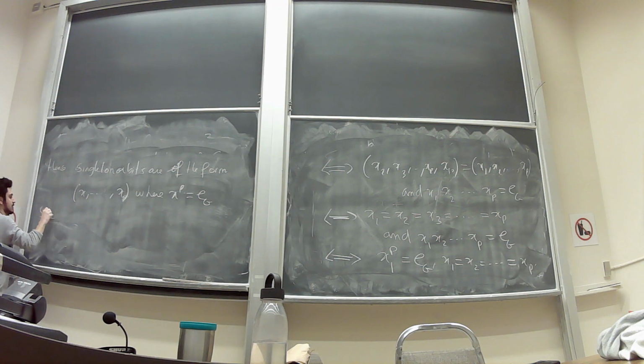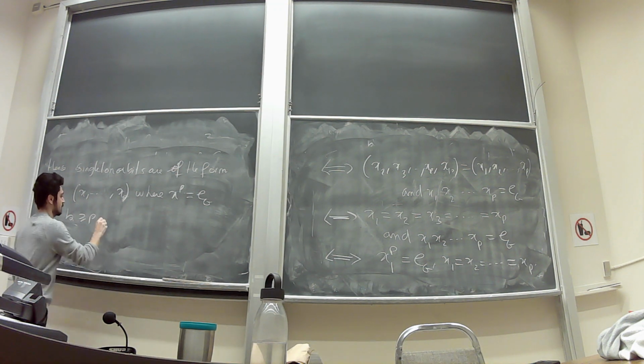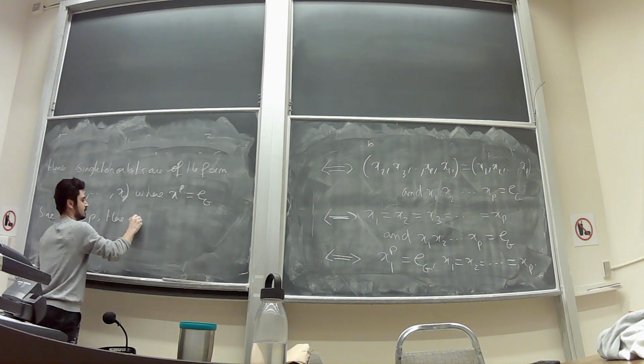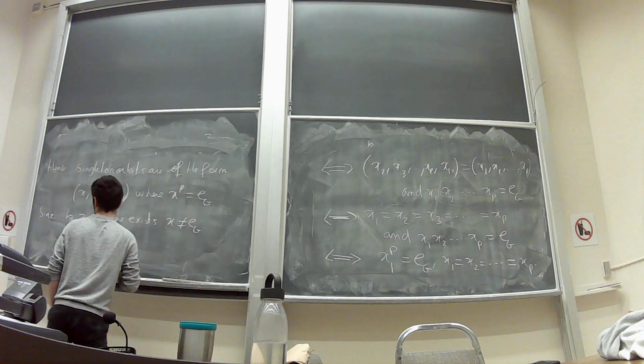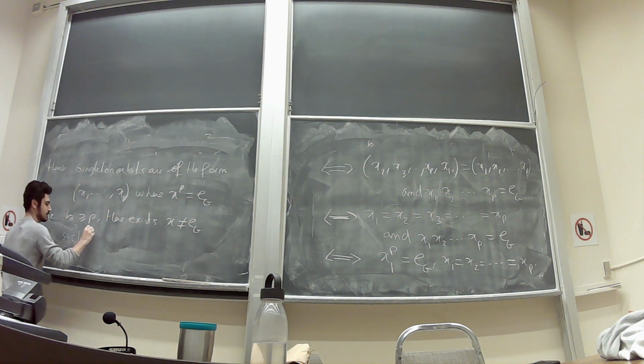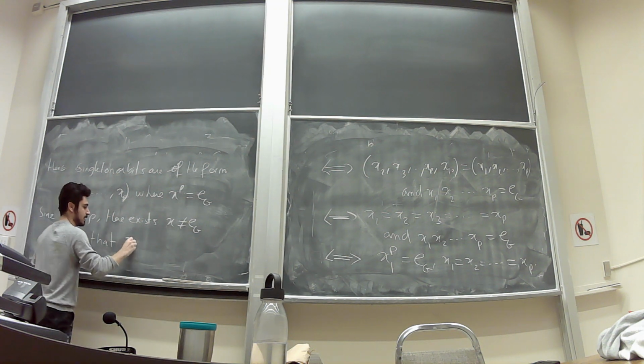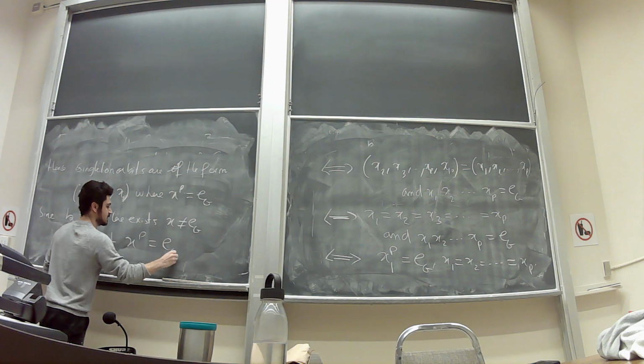Since the number k of singleton orbits is bigger or equal to p, there exists x that is different from the identity such that x to the p is eG.